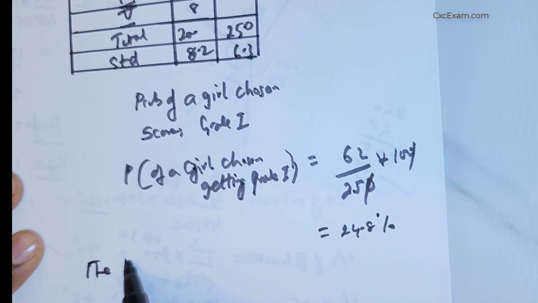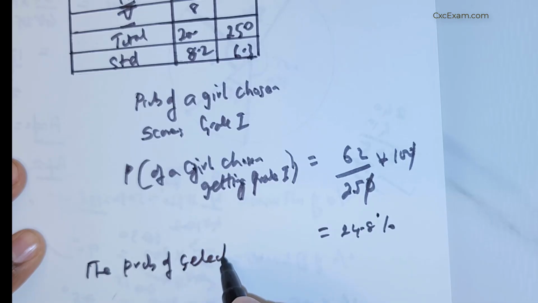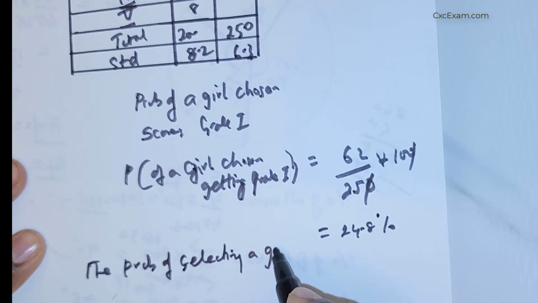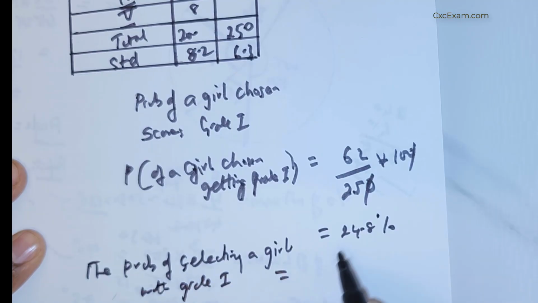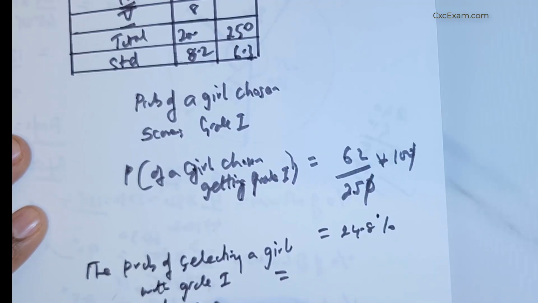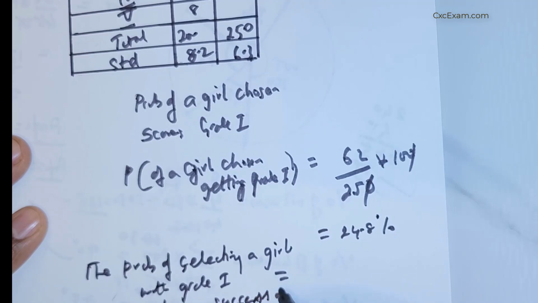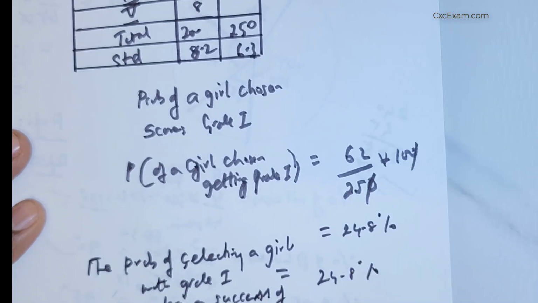Now what is the meaning of this? The meaning is the probability of selecting a girl with grade 1 as a success of 24.8%.